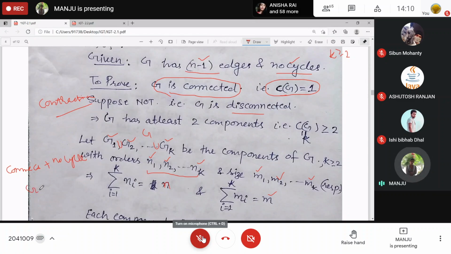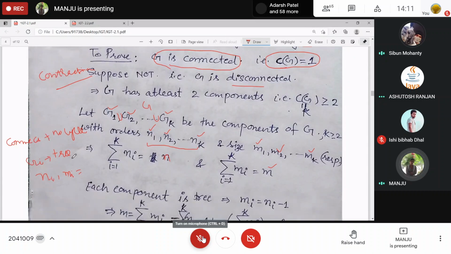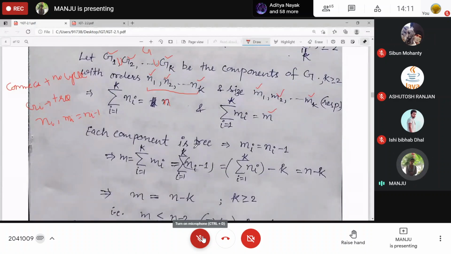So every component Gi of G becomes a tree. And in the case of trees we have proved that if the order is ni, then the size will be ni minus 1, right? So each component of G is a tree, and that's why the size of each component becomes ni minus 1.